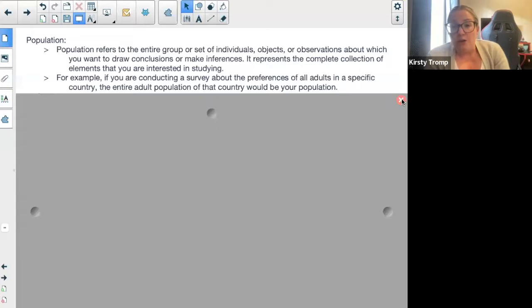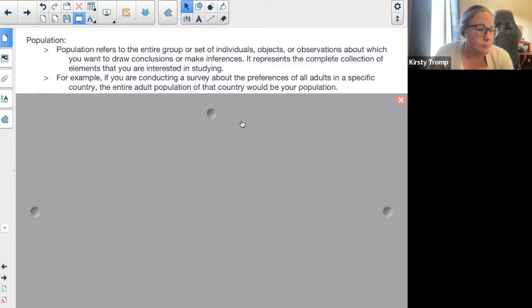Other examples you could think of: if you're looking at the number of people who enter a shopping center on a Thursday, then you're looking at all the people who enter the shopping center. That's the entire population.